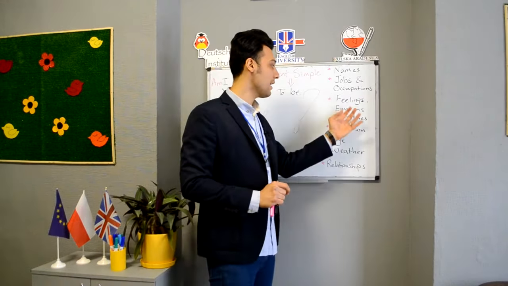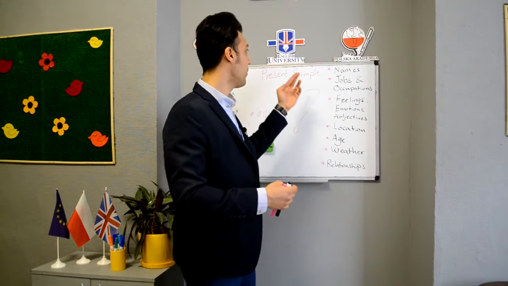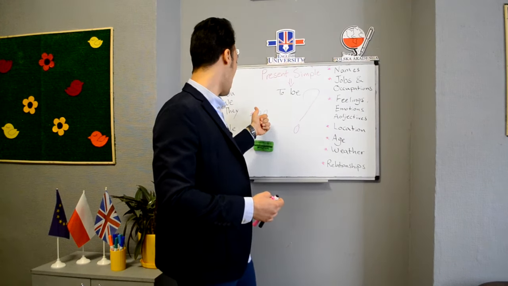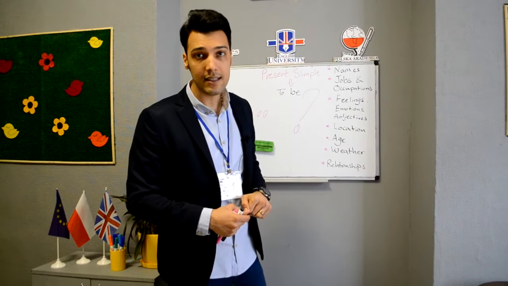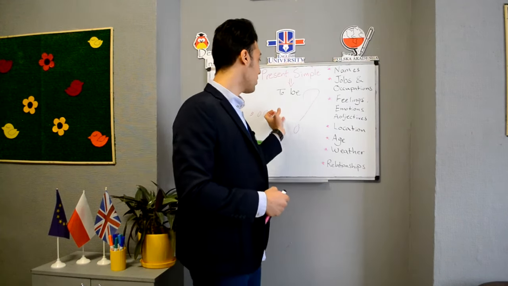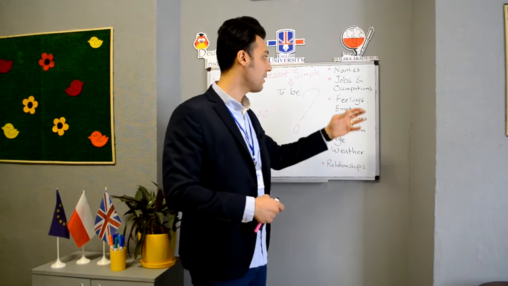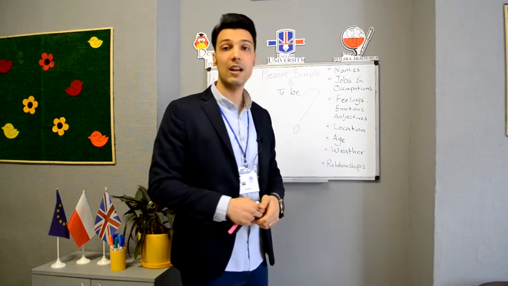So let's review. Present simple, the verb be: am, are, and is. We talked about negative forms and questions, and we talked about where we can use this structure.